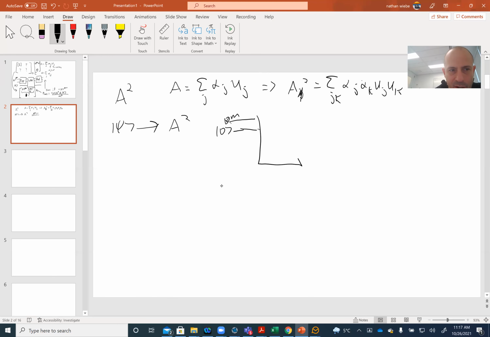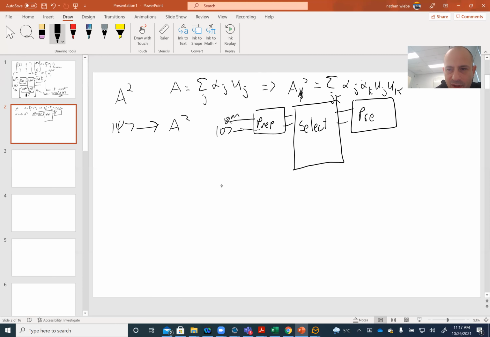We then would apply our prep, then select, and then prep dagger at the top. And we've got a state psi coming through at the bottom. And then we would measure these, and in the event that we end up getting all zeros, we would then go through and do the exact same thing.